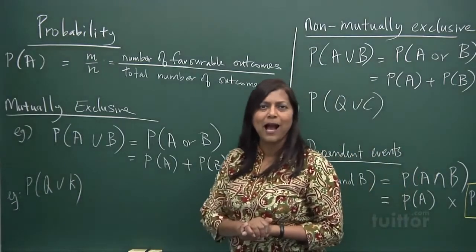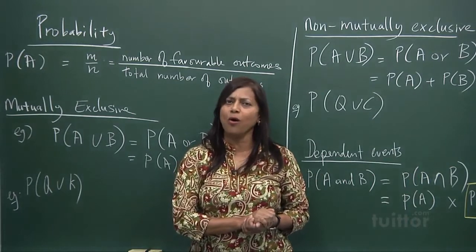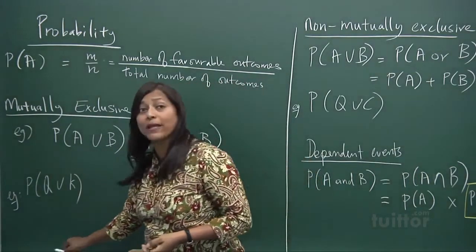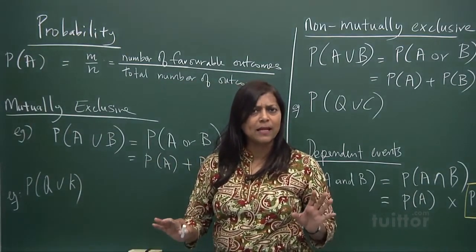If you play a pack of card games, what's the probability that you get a queen or a king? They're mutually exclusive. Whereas a queen and a club is not.